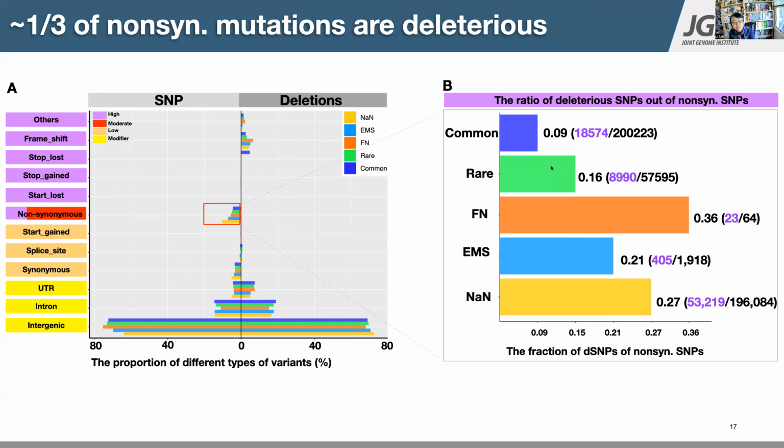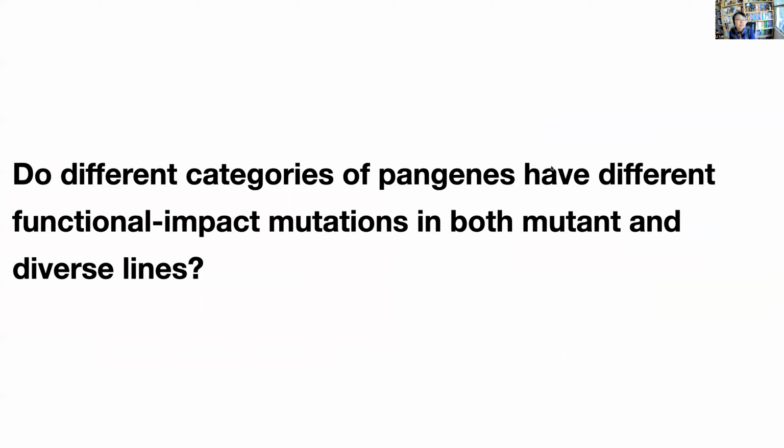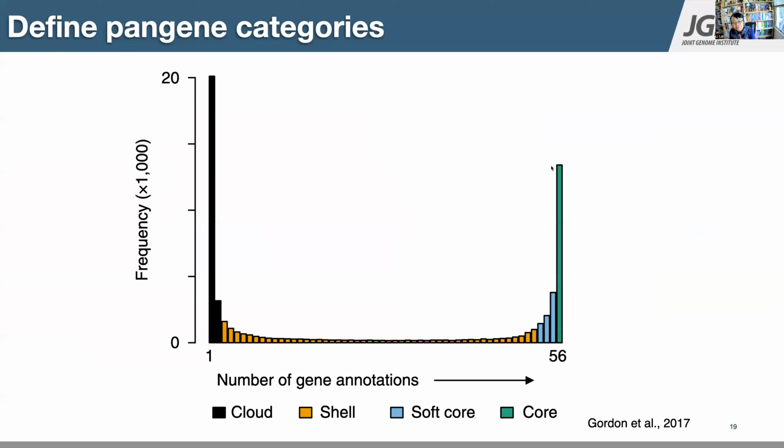it does. And the last question is: do different categories of pangenes have different functional impact mutations in both mutant and diverse lines? To answer this question, we follow the way our group categorized the pangenes based on frequency. That is, if the pangene shows in all accessions, that is a core gene.